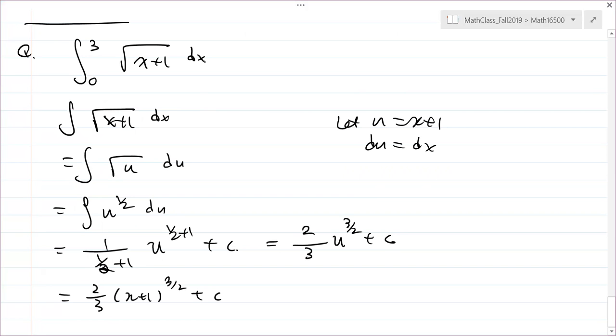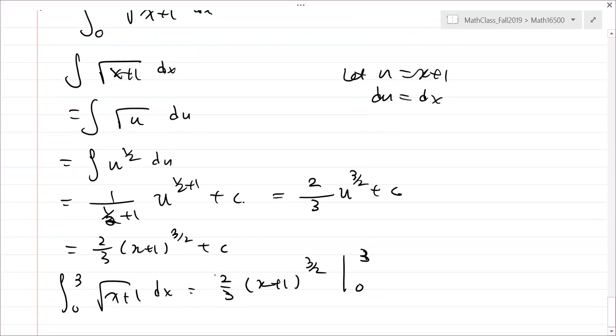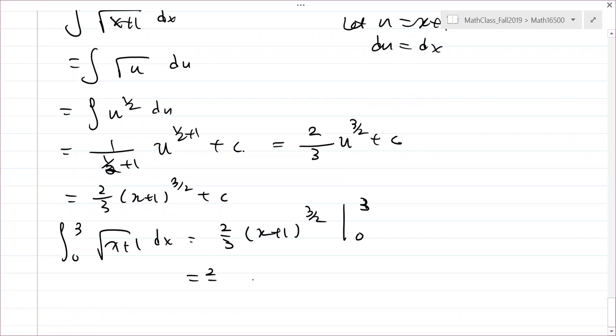Then, once you find the antiderivative, the integral is going to be 2 over 3 times x plus 1 to the 3 over 2, evaluated as the difference at the two endpoints. So we will get 4 to the 3 over 2 minus 1 to the 3 over 2, because when x equals 0, it's 1.